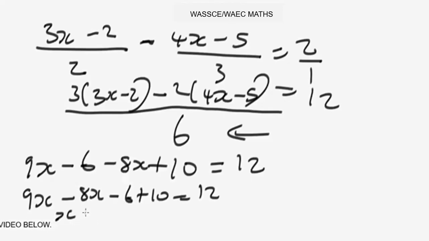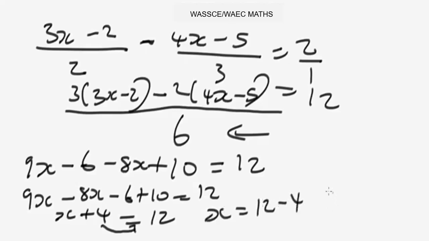We're going to have x plus 4 equals 12. Alright, so to make x the subject of the formula, this 4 will cross over the equality sign and change to negative 4. So x will be 12 minus 4, which will give us 8. And that will be the answer to this problem.